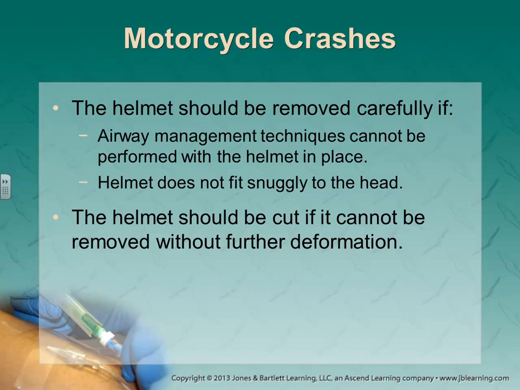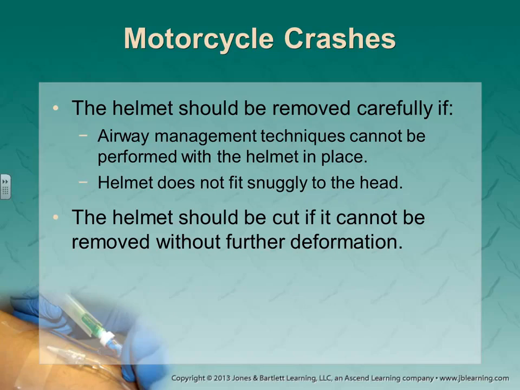So we're definitely going to be looking at multi-system trauma if it's an ejection or a frontal collision. If it's laying the bike down to where they don't actually make impact with anything, what type of injuries are we going to be looking for? Road rash mainly, right? When should we remove the helmet? If we can't get access to the airway, all right?